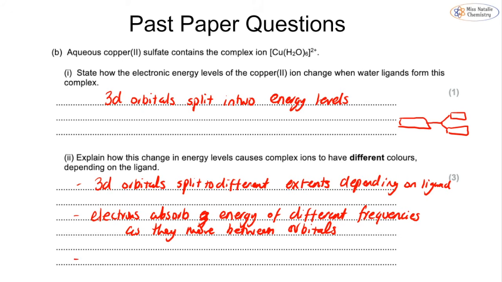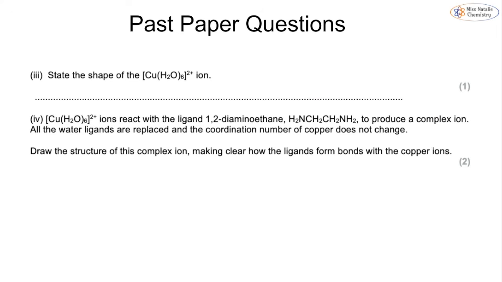And then what do we see? Well, the colour that is seen is the complementary colour, meaning we see the colour that is left over after the light has been absorbed. Then we want to look at what shape this is going to be.